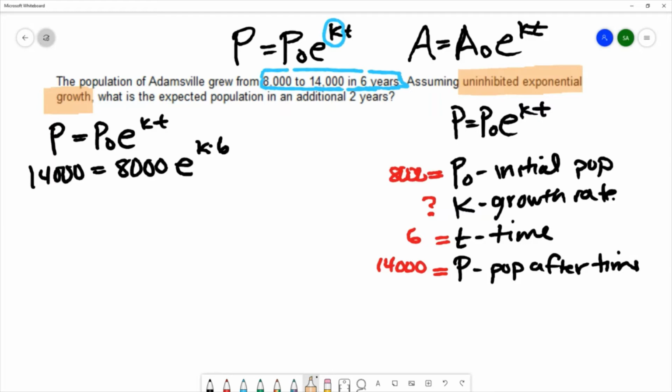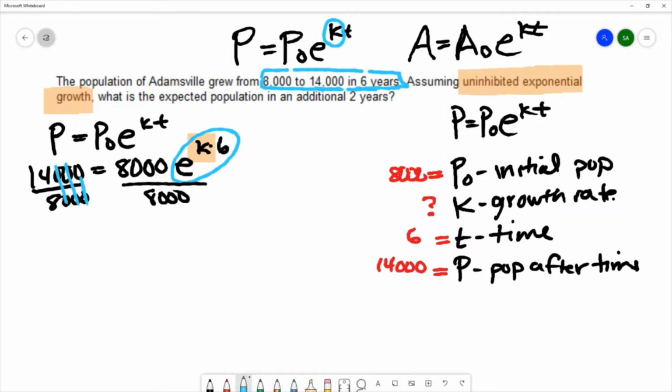And since our missing value, our variable, is in the exponent, we have an exponential equation, and we'll use our exponential techniques to solve. We first want to isolate the exponential by dividing both sides by 8,000. So this reduces down, those zeros cancel out.